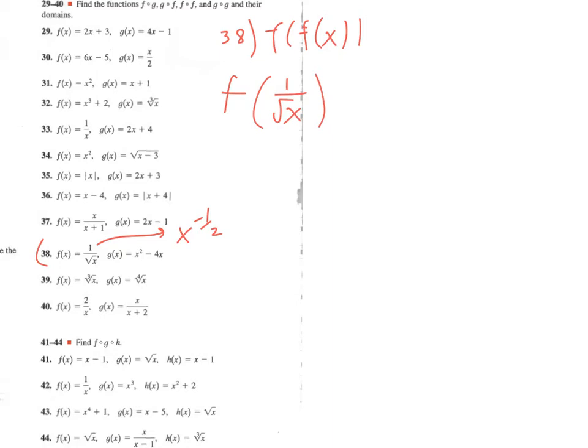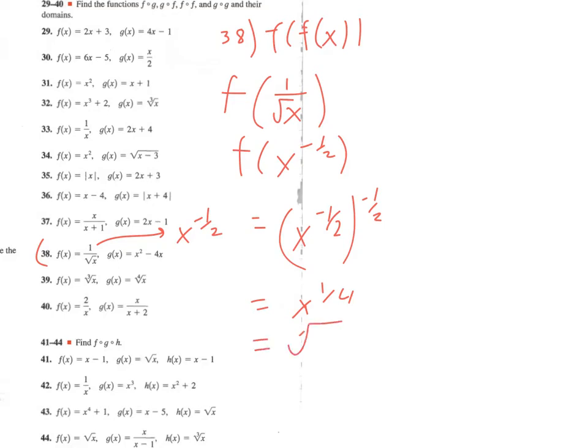It is the same thing. It's a negative because it's in the denominator and a 1/2 because it's in the radical. So I'm actually going to do this as x to the power of negative 1/2, and then I'm going to plug that in, x to the power of negative 1/2 to the power of negative 1/2. And then if I simplify that, that means multiplying the exponents, so that's going to turn into the 1/4 power. Now, if I want to translate that back, it is going to be the 4th root of x. I would probably do that since that's how the question was written.